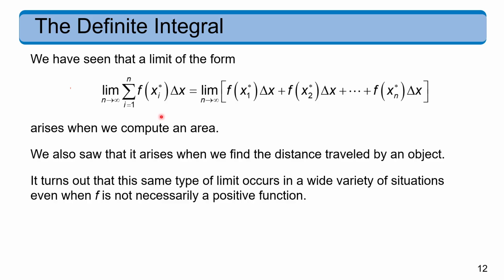So it turns out this expression occurs in many situations. It's not limited to those two. And because of that, we want to give it a special name because it's used very often. So on our next slide, we're going to define the definite integral to have this formula. So we'll introduce the notation and all the details of the definition.